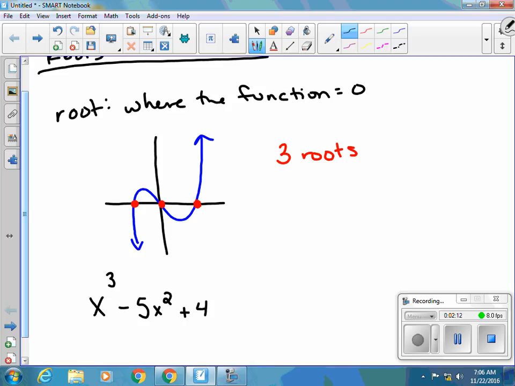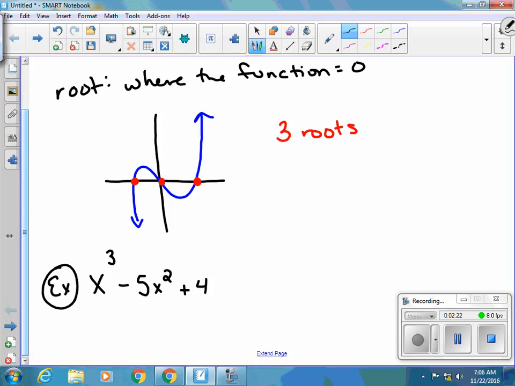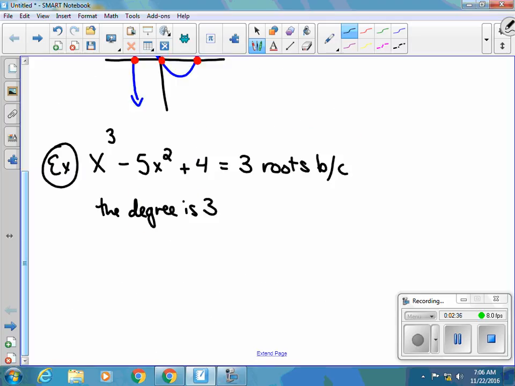I just drew that up there, but I'm giving you an example here. So with that, you look at the highest exponent degree, and that's how many roots you will have. So we've got 3 roots because the degree is 3.